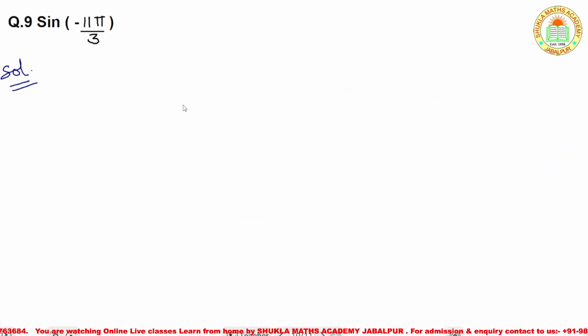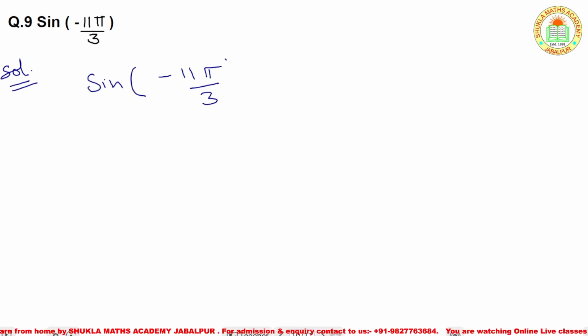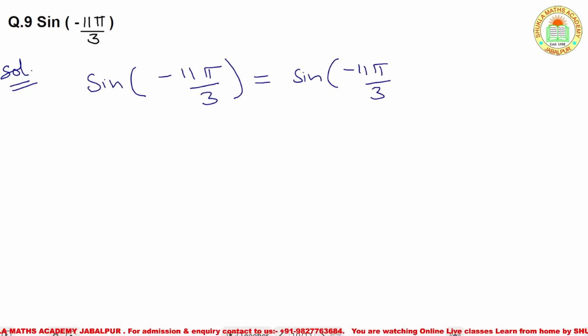So the next question is sine of minus 11 pi by 3. In this, we will write sine of minus 11 pi by 3 as it is, and plus we will take a multiple of 2 pi, right?